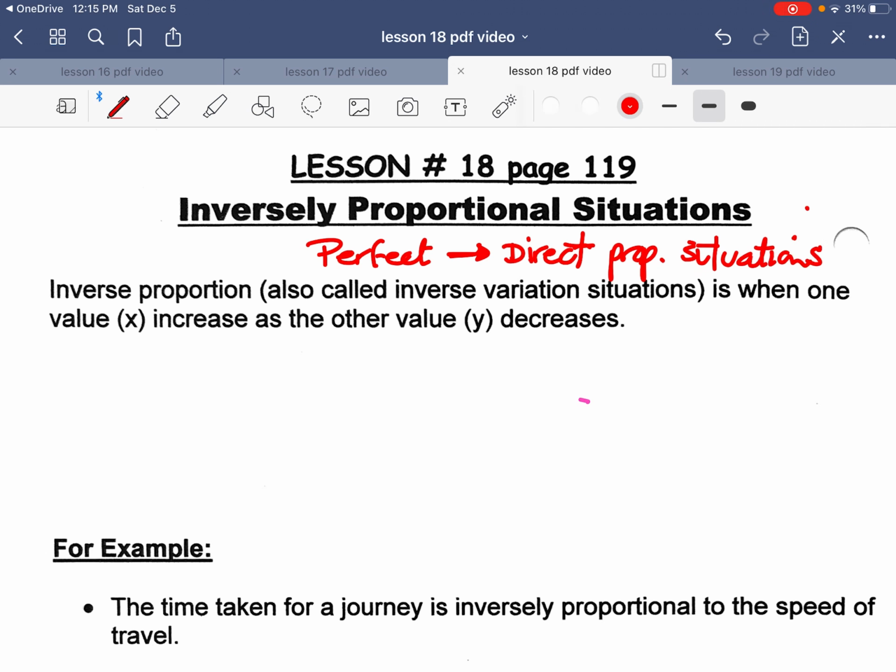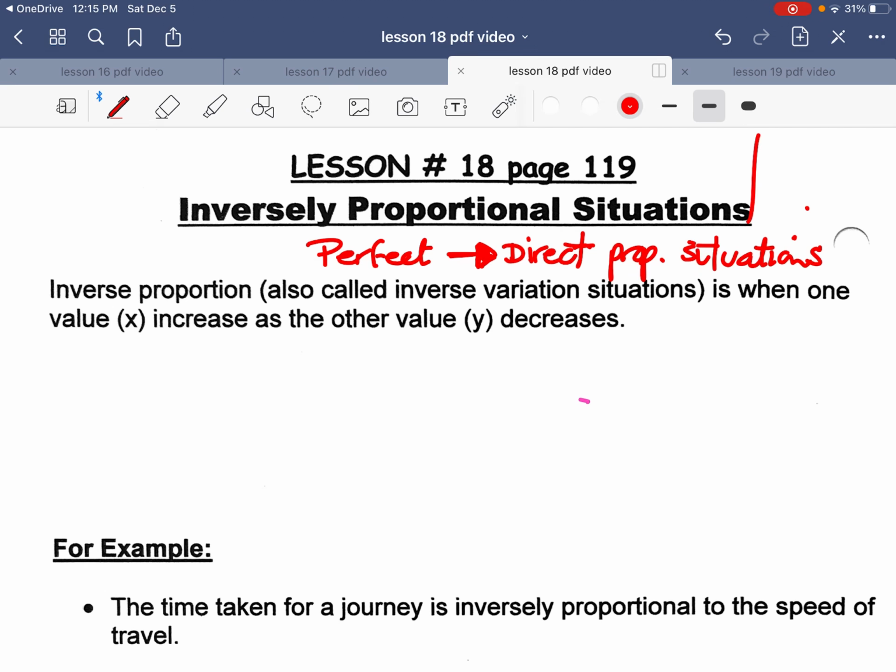So inverse proportions, also called inverse variation, is when one variable increases as the other variable decreases. Now let's go back to a proportional situation. A proportional situation would be a case where both x and y are increasing. That's why it always creates that upwards type of graph.